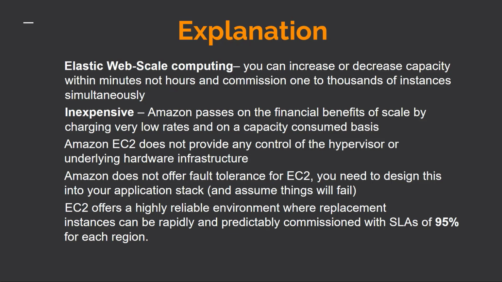Amazon EC2 does not provide any control of the hypervisor or underlying hardware infrastructure. Amazon does not offer fault tolerance for EC2. You need to design this into your application stack and assume things will fail. EC2 offers a highly reliable environment where replacement instances can be rapidly and predictably commissioned, with an SLA of 95% for each region.